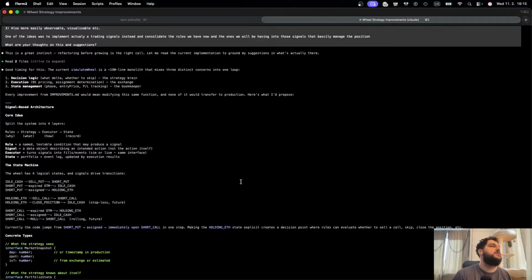Here's what I propose. Signal-based architecture. Core idea is split the system into 4 layers: rules, why; strategy, what; executor, how; and the state record. A rule is basically a named testable condition that may produce a signal.